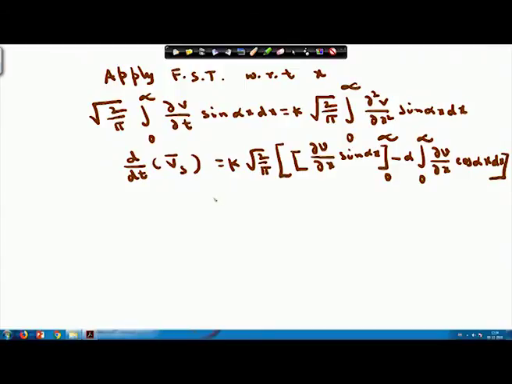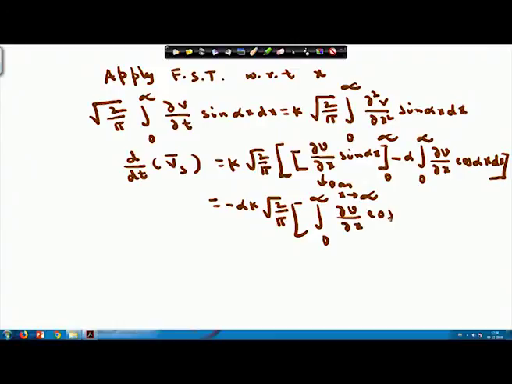Again, this first part will vanish, because del v del x approaches 0 as x approaches infinity. So, this term will vanish, and you will obtain only minus alpha k root over 2 by pi into the integral 0 to infinity del v del x into cos of alpha x dx. And again evaluate this integral.